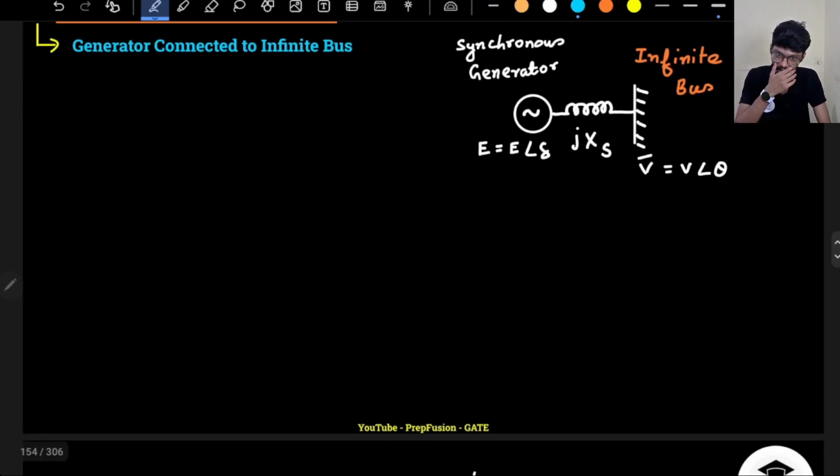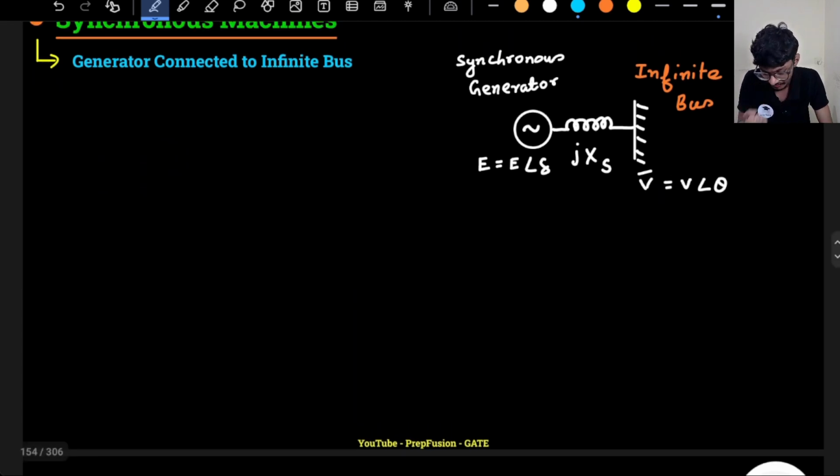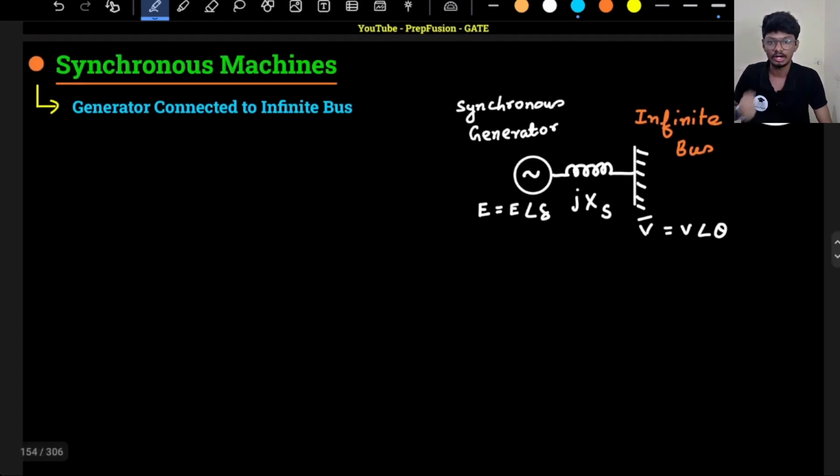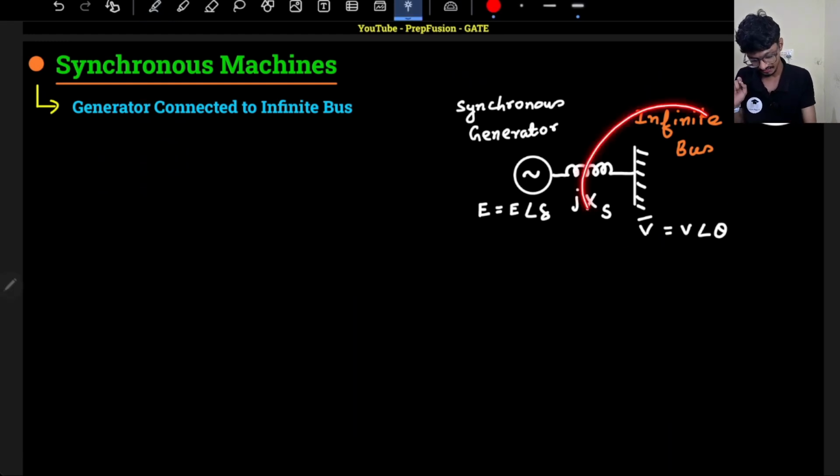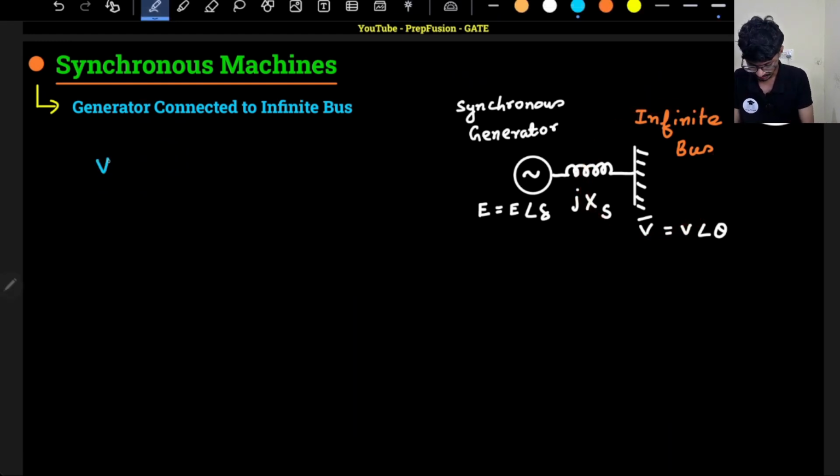Now let's come back to our topic: if a generator is connected to an infinite bus, what will happen to the load current and power factor if I change the excitation? A few things we have to keep in mind. First of all, it is an infinite bus, which means my Vt will be constant.